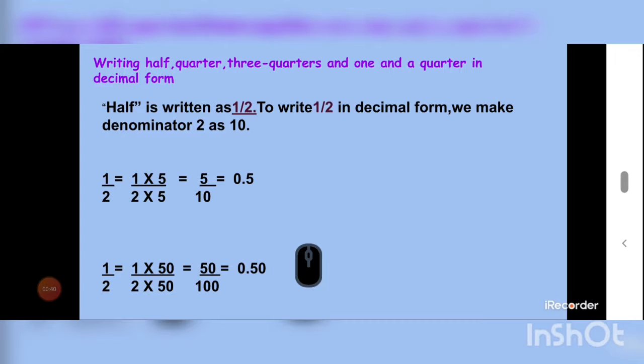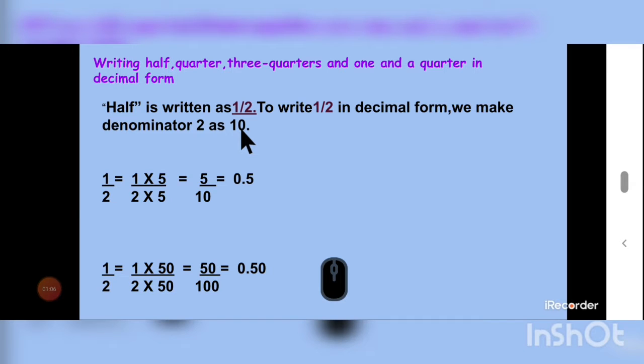Students, half is written as 1 over 2. To write 1 over 2 in a decimal form, we will convert the denominator into an equivalent fraction, that is 10. So we will make denominator 2 as 10.